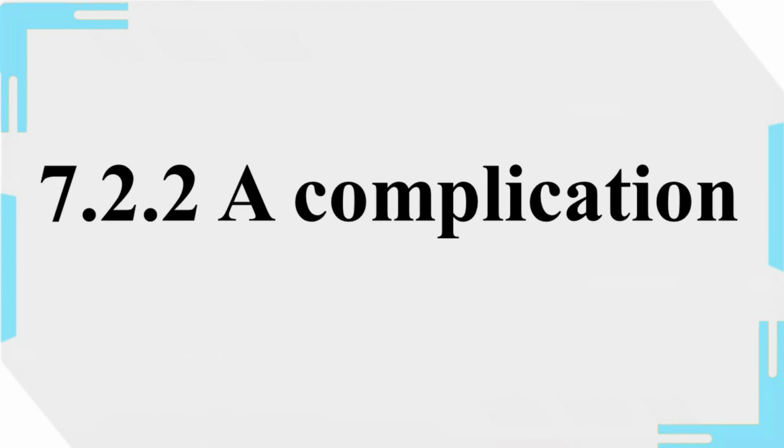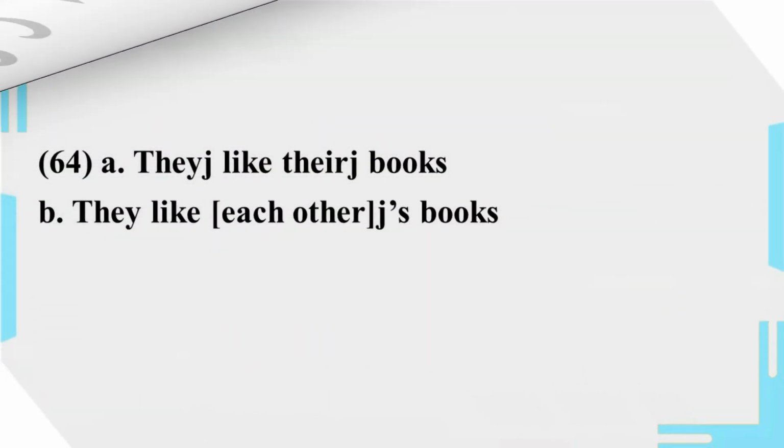In truth, complementarity between pronouns and anaphors fails. One pair of examples illustrating this is the following. They like their books. They like each other's books. Both examples are fine. The domain of the DP pronoun their or the DP reciprocal each other is the same. It's the first XP with subject containing them, the direct object DP.